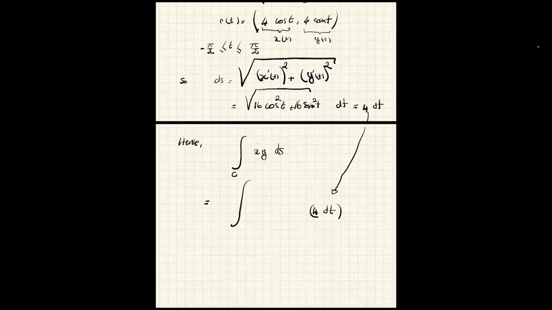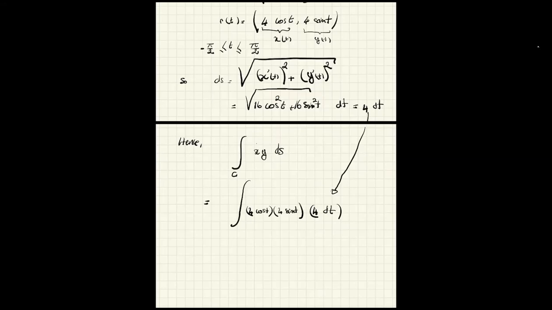What is X for a certain T? X is 4 cos T, and what is Y? It depends on T, it's 4 sine T, right?